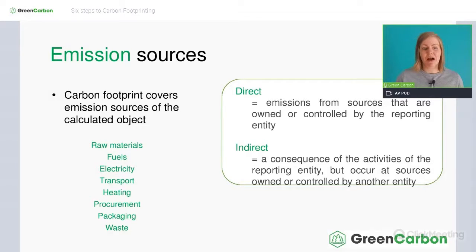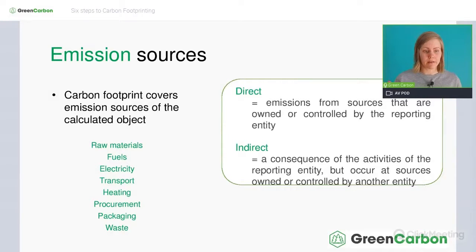And as I said, the carbon footprint covers the emission sources that are in the calculated object. Here is a list of some examples of these emission sources, for example what a company has.